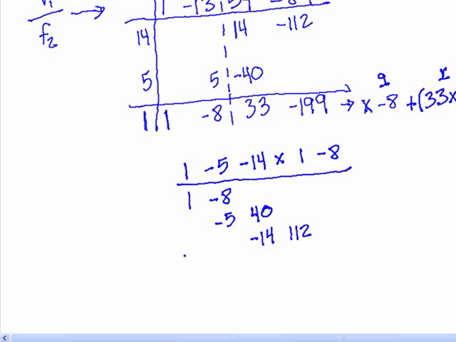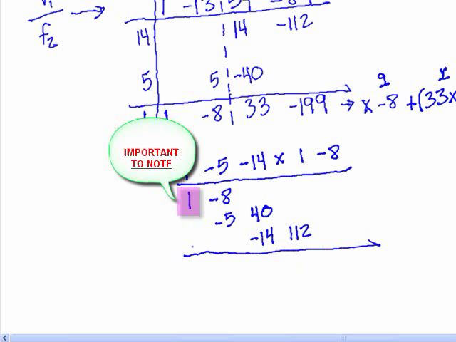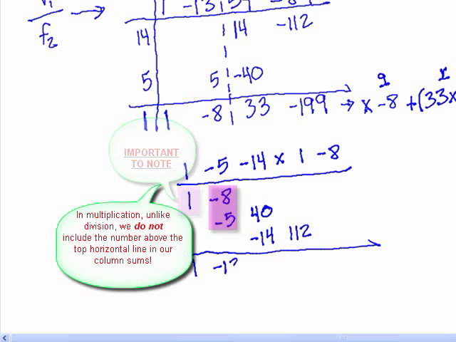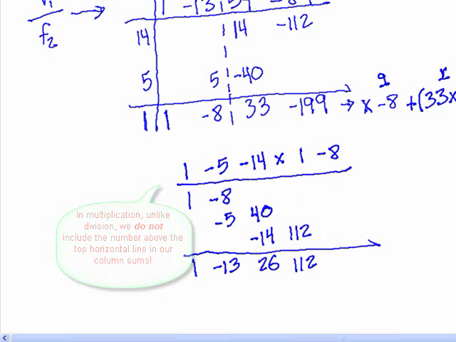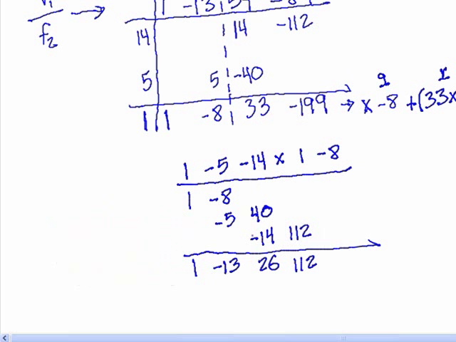Then another vertical line and horizontal line, and we just sum up our columns. 1, negative 13, 40 and negative 14 is 26, and then we just bring down the 112. Now, we're not done yet because we have to add the remainder, 33x minus 199. So we put 33 and negative 199 here.